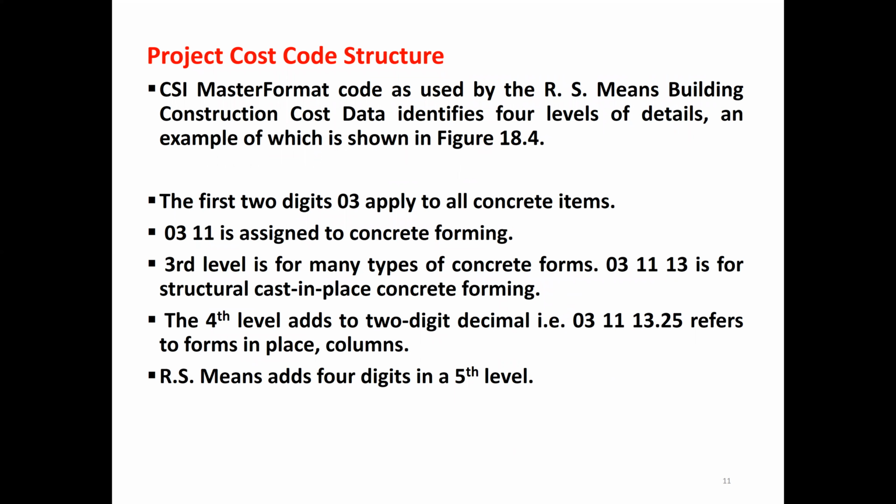The third level is for many types of concrete forms, like 13 for structural cast-in-place concrete forming. The fourth level adds two-digit decimals, like 13.25, which refers to forms in place for columns.